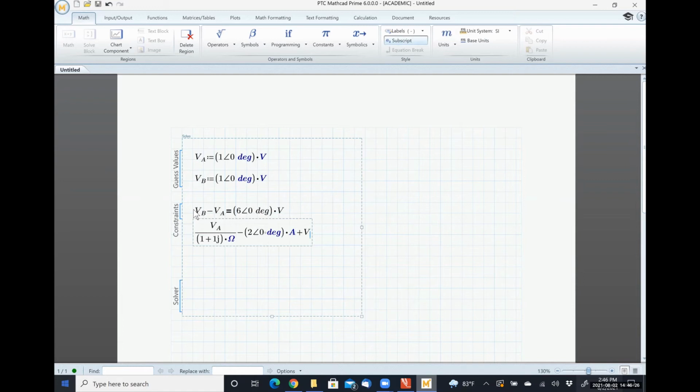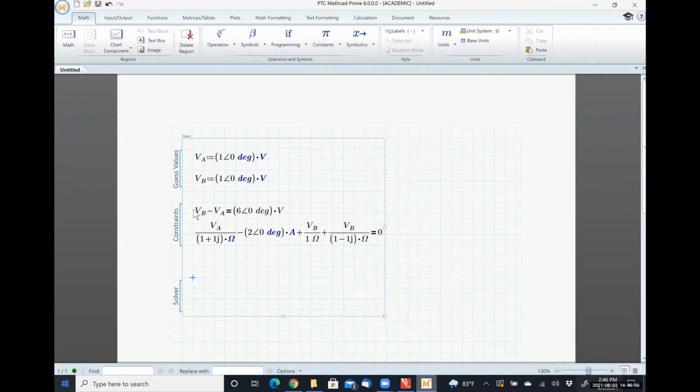Plus VB over 1 ohm plus VB over 1 minus 1J ohm. So it didn't like what I just did there because I forgot to do the units on the outside. And I set this equal to 0.